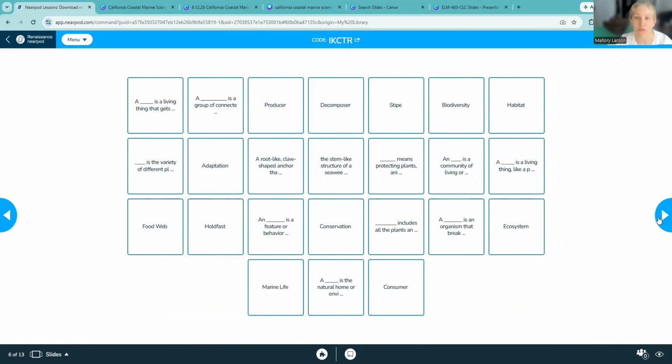We go through different vocabulary words. Here I have an example of our vocabulary list, and they need to match the correct definition with the correct word.